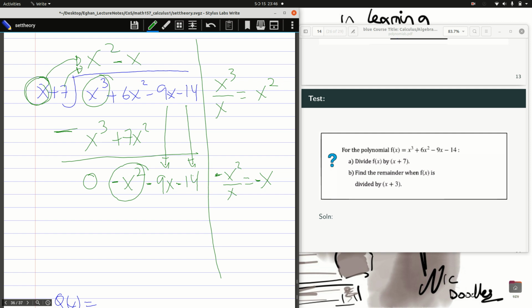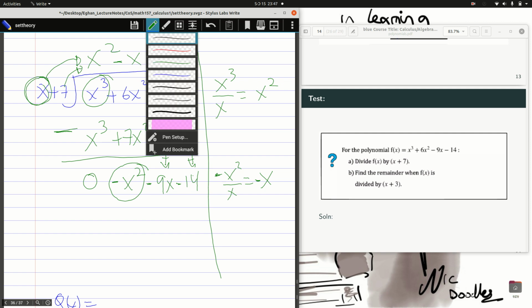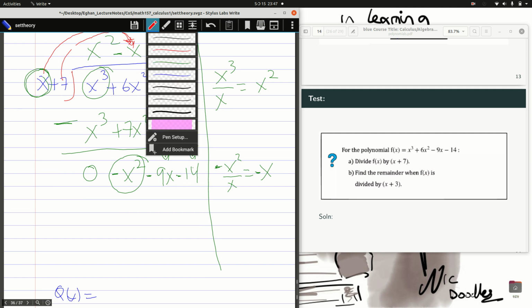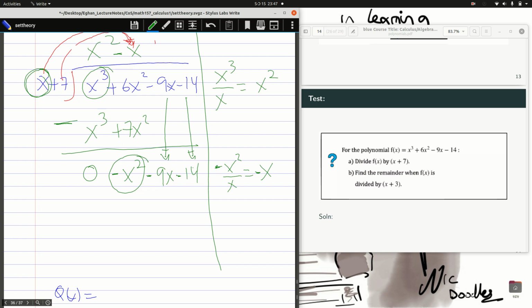I multiply and then I subtract. So let me use red now. I can erase this and say that now x will multiply this, and then 7 will multiply the same term, giving me x squared minus 7x, and then I subtract.